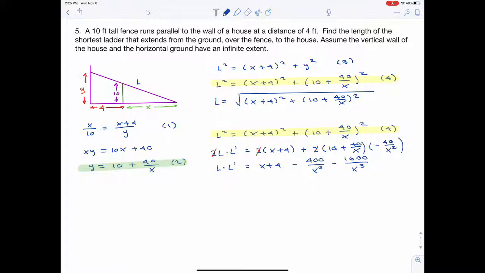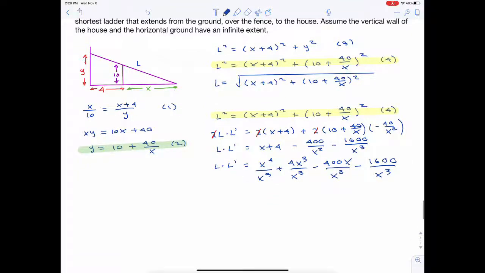And getting a common denominator, I get L times L prime equals x to the 4th over x cubed plus 4x cubed over x cubed minus 400 x over x cubed minus 1600 over x cubed, which equals x to the 4th plus 4x cubed minus 400x minus 1600 all over x cubed.